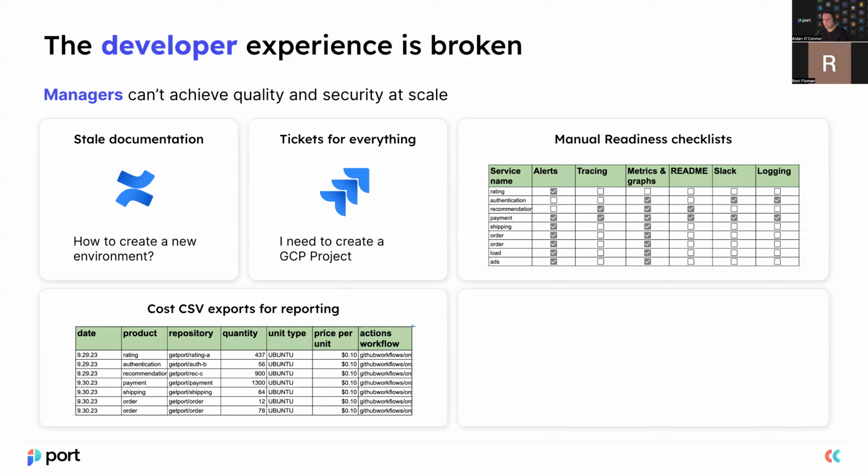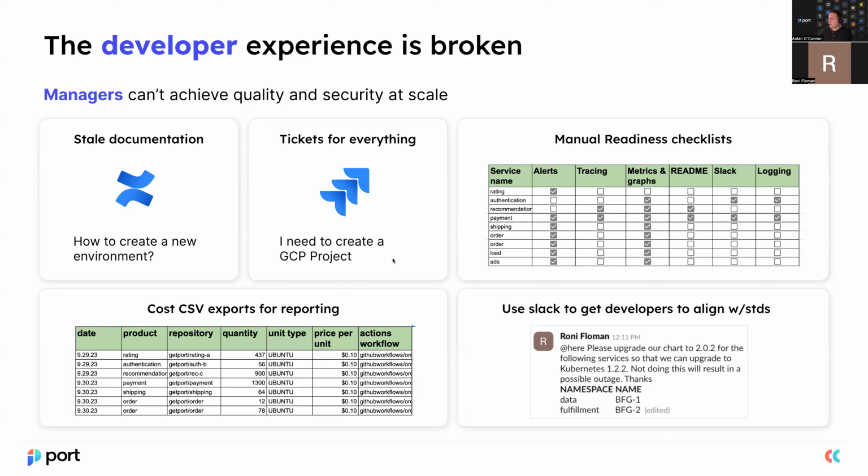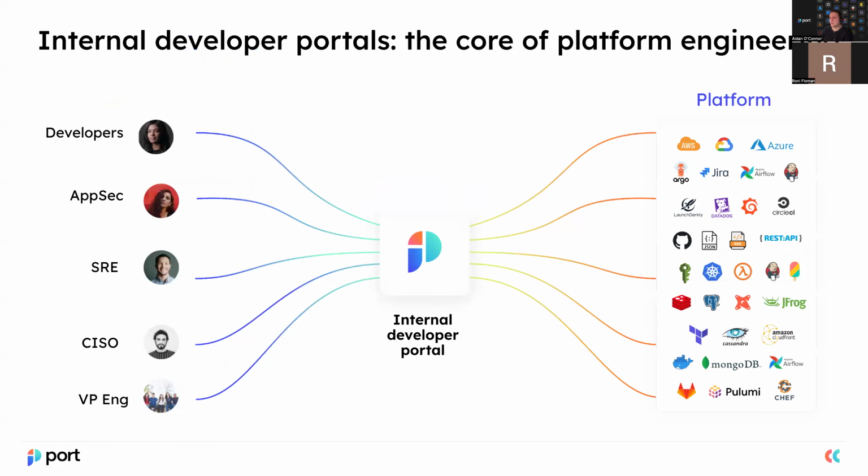Manually done via CSVs, it's hard to connect and hard to see what my domain or service or team costs me to produce what they're producing. And then using Slack to get developers to align with standards. So all very difficult things for the developer experience that we aim to fix.